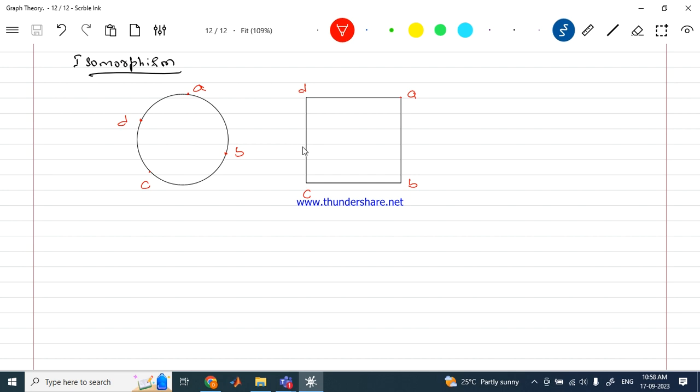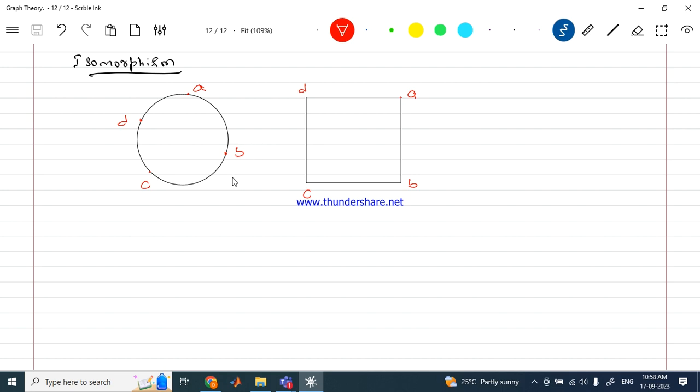Isomorphism just says this. By looking at the shape of the graph, you should not decide the 2 graphs are different. You should identify what information these 2 graphs are carrying. If they are carrying the same information, those 2 graphs are same.